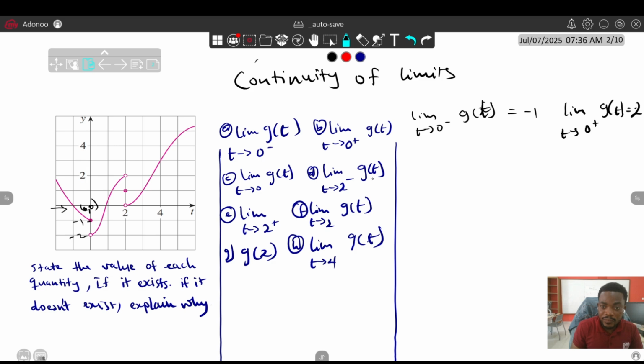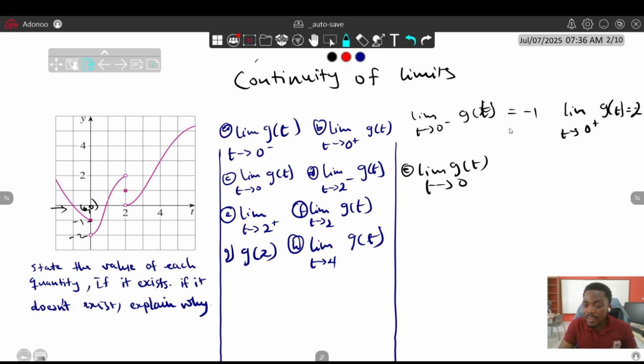So how about this question? It says for C, we are to determine the limit of g of t as t approaches 0. Now, according to the previous example we just did, for the limit of g of t as t approaches 0 to exist, the left-hand limit and the right-hand limit should be equal.